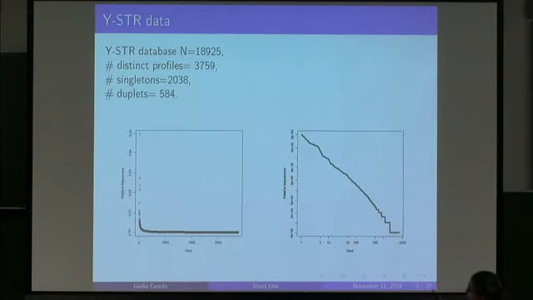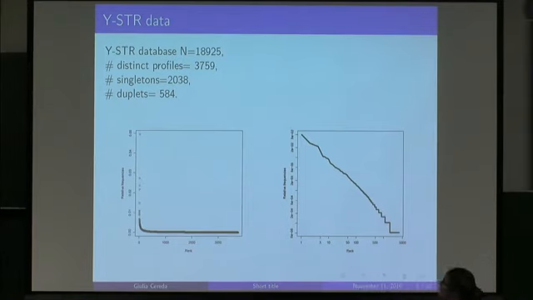So I just want to show you, this is a database of almost 19,000 individual YSTR profiles. And by looking at 7 loci, you see that you have 3,000 distinct profiles, but 2,000 of these appear only once in the database. So here you see the plot. This is the log scale plot of the ranked frequency of the profiles in the database.